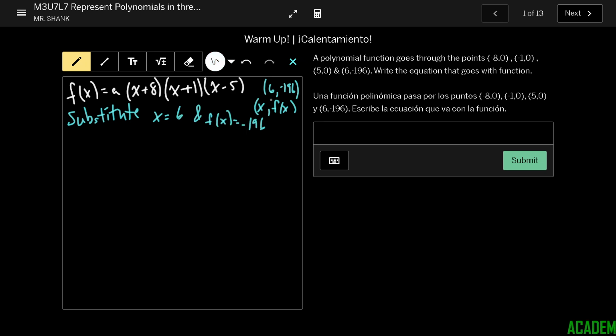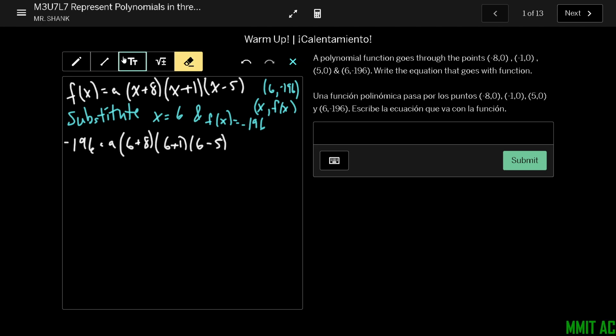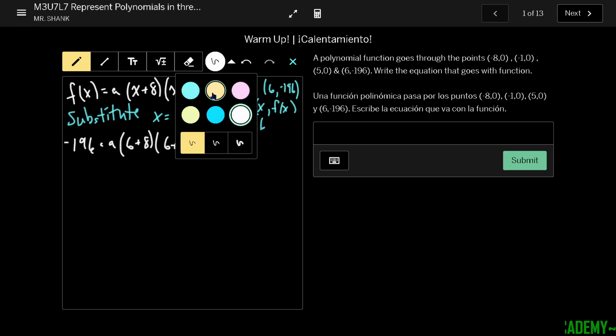So instead of f of x, I now have -196 equals a times 6 plus 8 times 6 plus 1, and times 6 minus 5. Now that we have it substituted in, these 3 sets of parentheses, I'm going to actually type into Desmos.